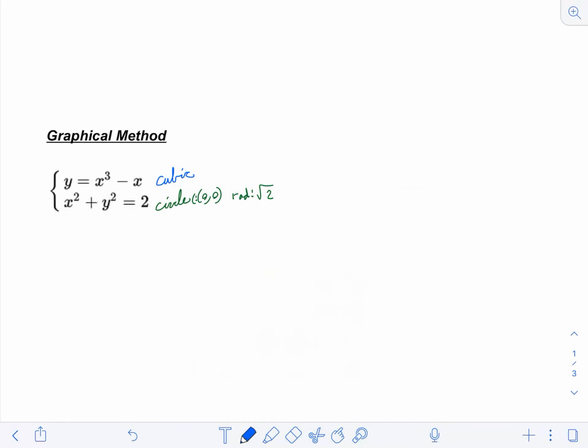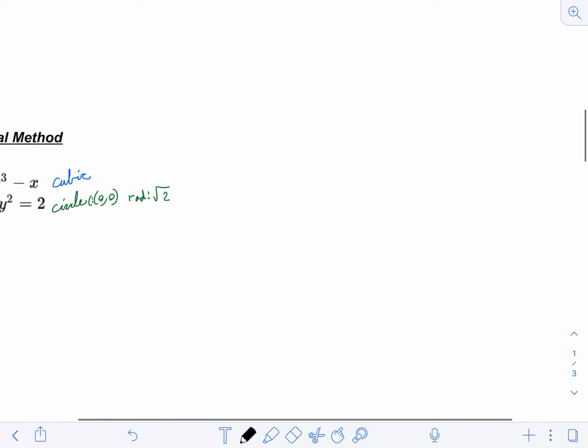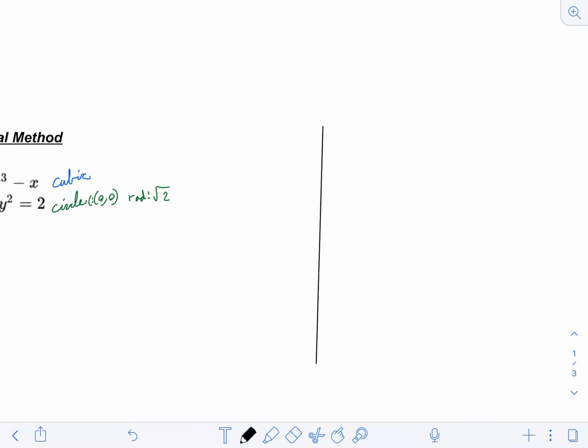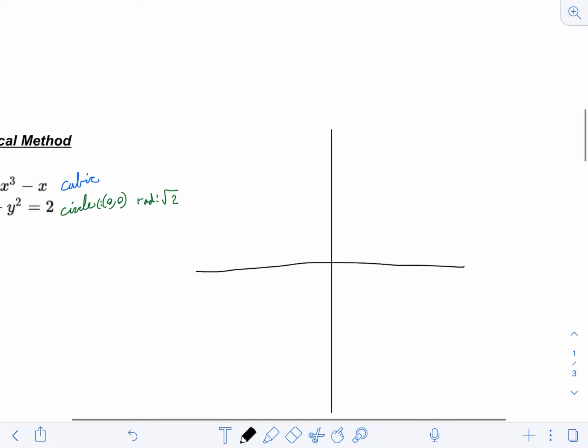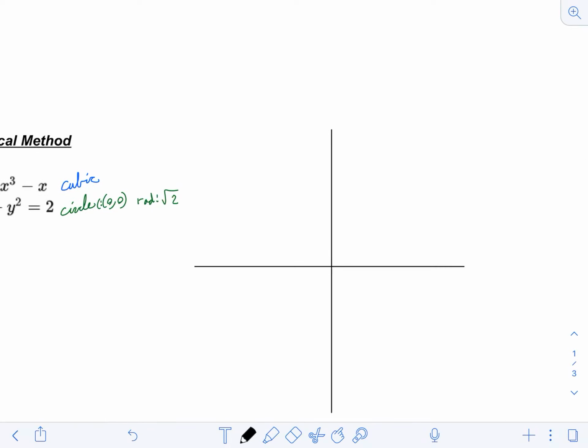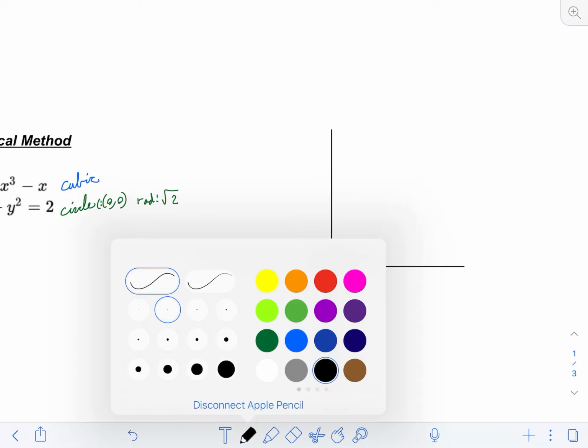If we do this graphically, let me switch to that. We want to make a big graph. Okay, got a nice graph there. I'm going to graph the circle real quick.